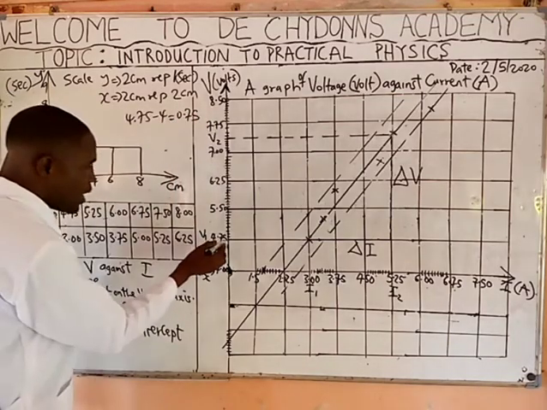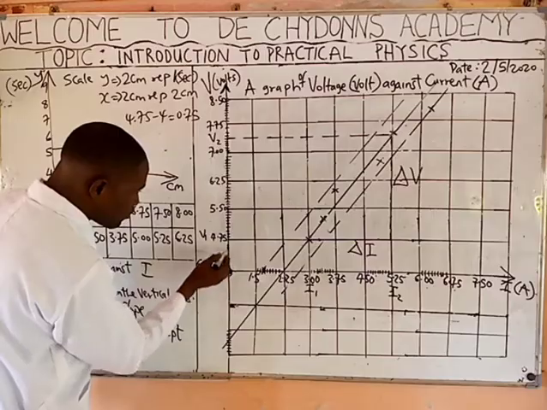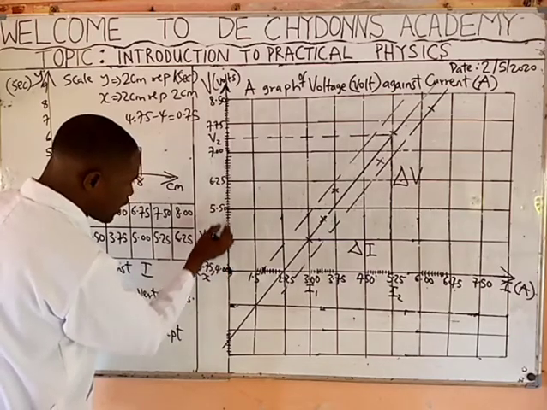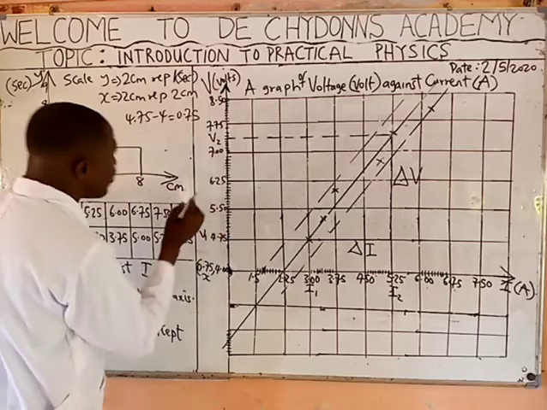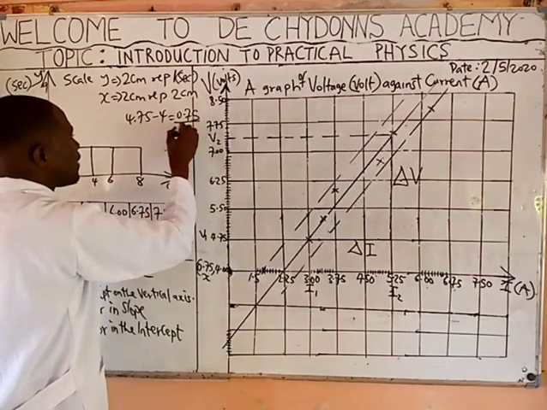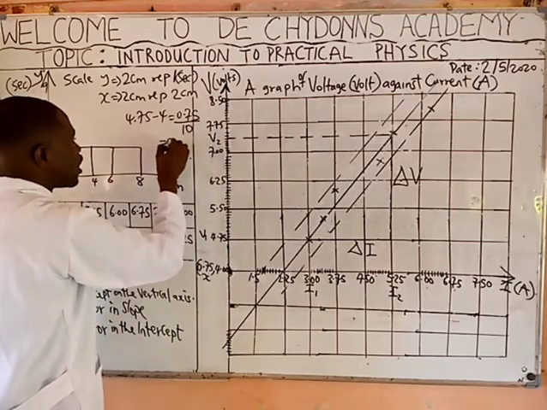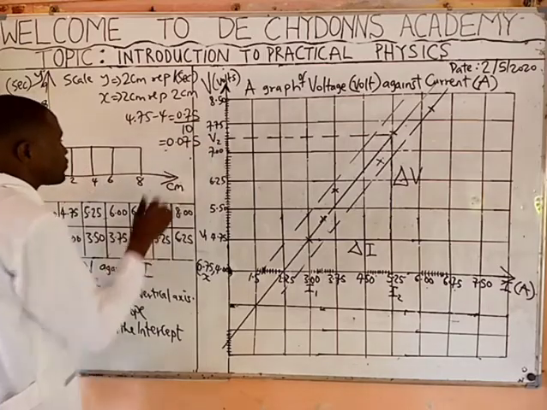Okay? How many buses do we have? From here to here, from here to here, we have 1, 2, 3, 4, 5, 6, 7, 8, 9. We have 10 buses. You say divided by 10. That will be giving you 0.075.